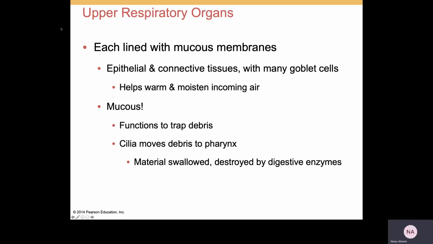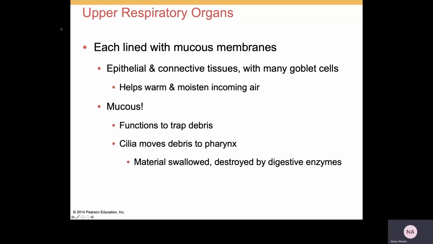You will remember when we talked about epithelial tissues, there were several types of columnar epithelial cells which had goblet cells, and the job of those goblet cells is to produce mucus. The upper respiratory organs are there to help warm and moisten incoming air.